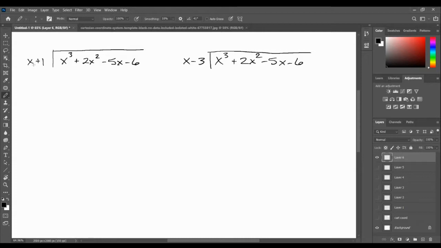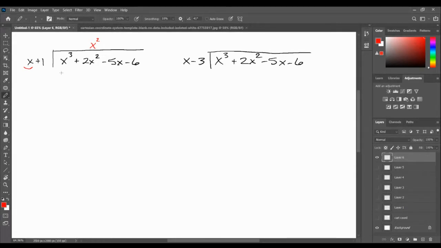Now the difference here is that I'm going to ask, what do I multiply this by to get that? And I'm really only going to look at the first term in this binomial. So what do I multiply x by to get x cubed? And that's x squared. And now I go ahead and multiply the x squared through.